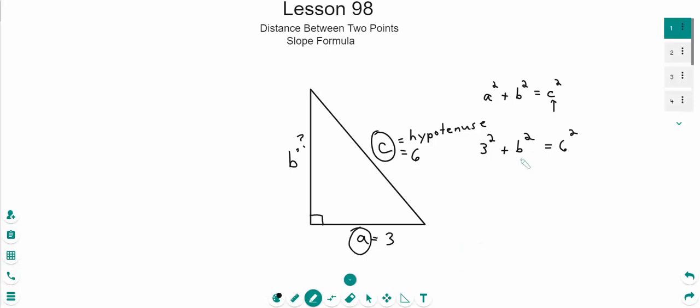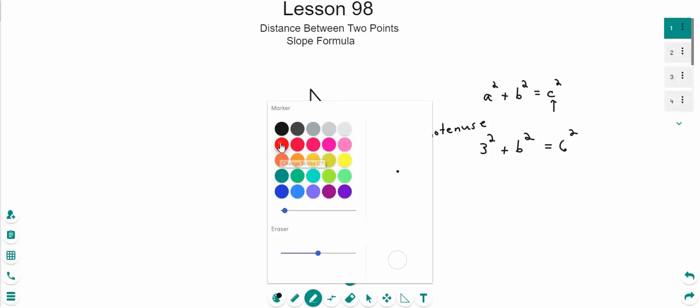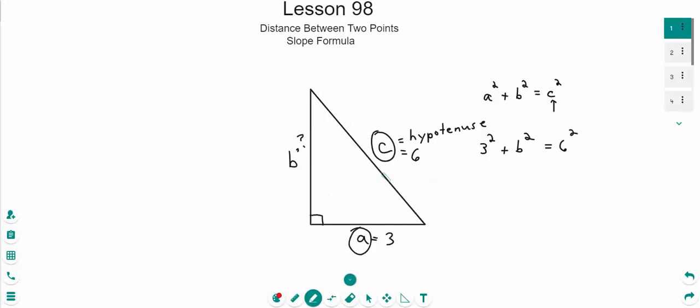The key is we have to set it up this way. I could not set it up like this. Let's say I just thought, oh, I'll label this A, and I'll label this B, and I'll label this C. In which case I would have A would mean 6 squared in this case, plus the B, which we say is 3, so actually I'll mark that as a 3 squared, equals the C, which is the unknown here, and we get C squared here to complete our formula.